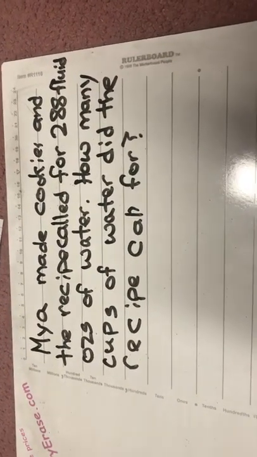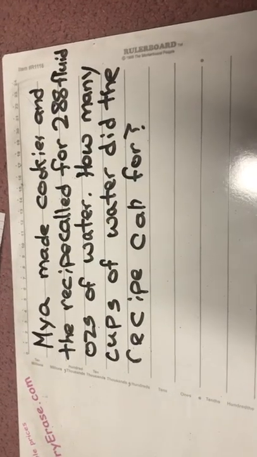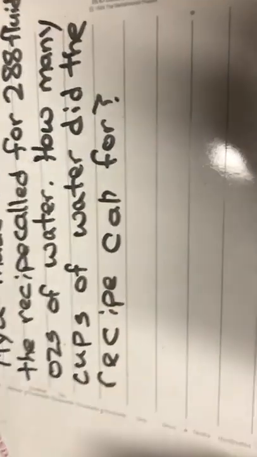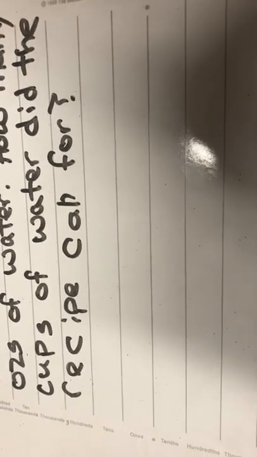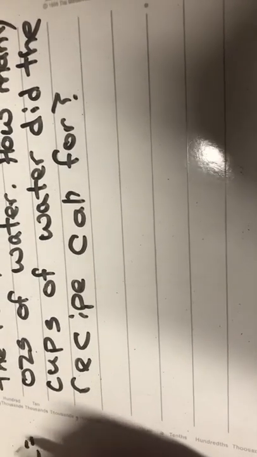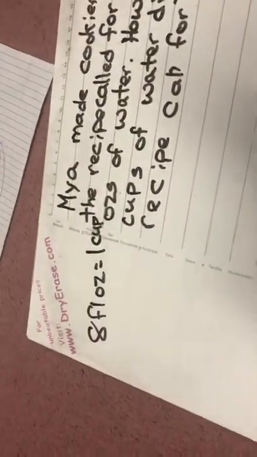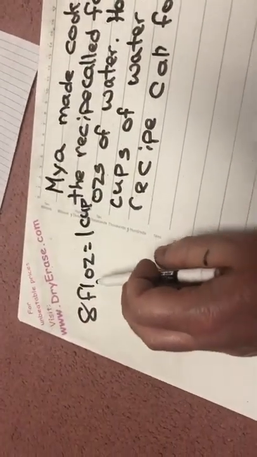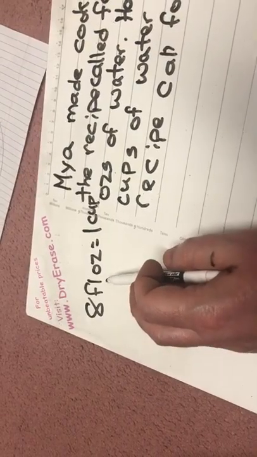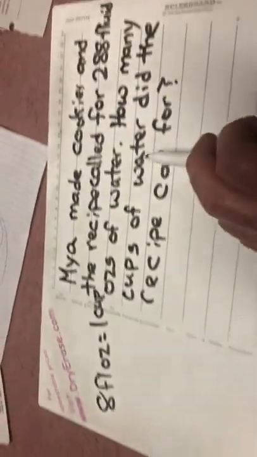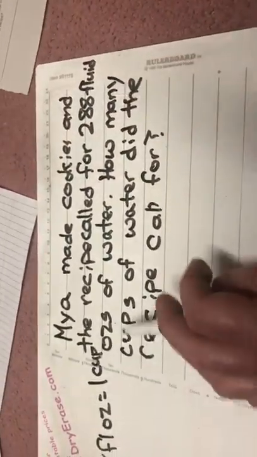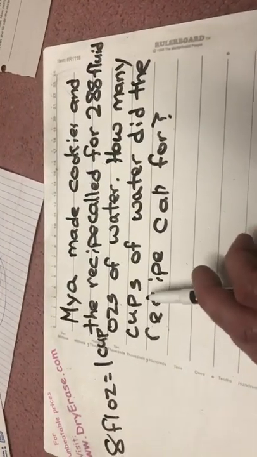How many cups of water did the recipe call for? Well, remember our measurement. 8 fluid ounces equals 1 cup. 8 fluid ounces equals 1 cup. If I have 1 fluid ounce, I have less than 1 cup. So I'm trying to take the 288 fluid ounces and turn it into cups.